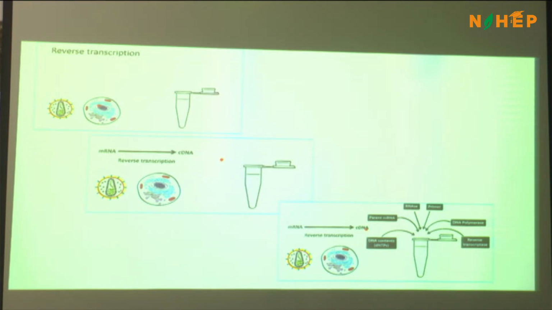You can straight away get into the quantitative real-time PCR, where you can go for a single step real-time PCR. And single step is quite easy. You can add one more enzyme, right? That is a reverse transcriptase in the same reaction mixture, and all in one. It's going to do the amplification. Okay.